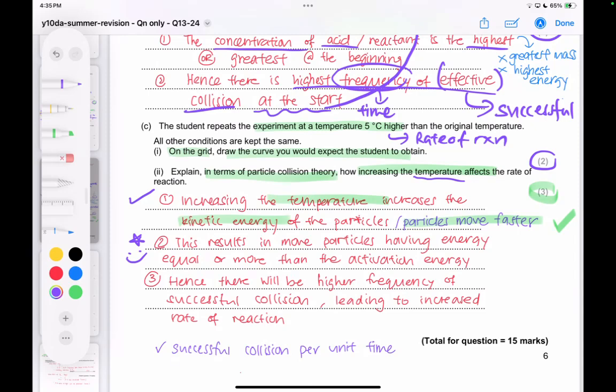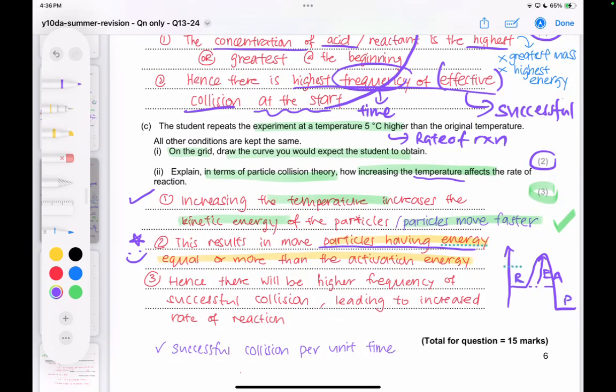What does it mean to have higher kinetic energy? It means that more particles right now will have energy equal to or more than the activation energy. So if you pause a while and think about it, activation energy is the minimum amount of energy required for a reaction to start, to turn the reactant to product.